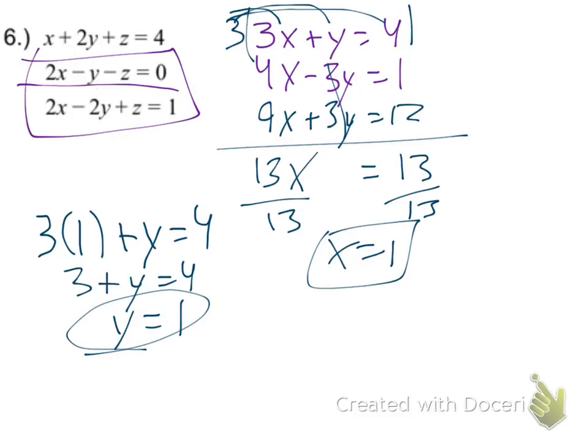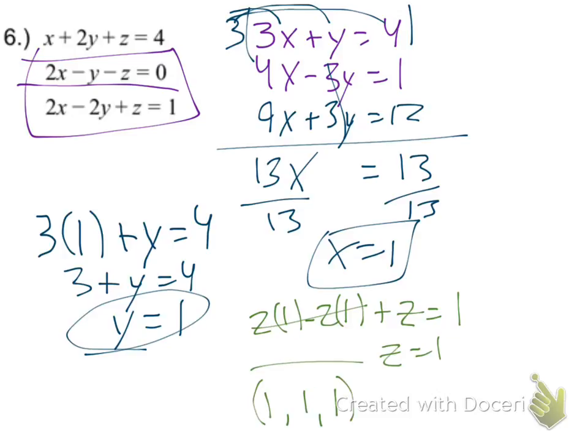Are you kidding me? I just don't want to agree with anything Jake says today. So 2 times 1 minus 2 times 1 plus z equals 1. These are just gone, guys. So therefore z equals 1. And so 1, 1, 1.